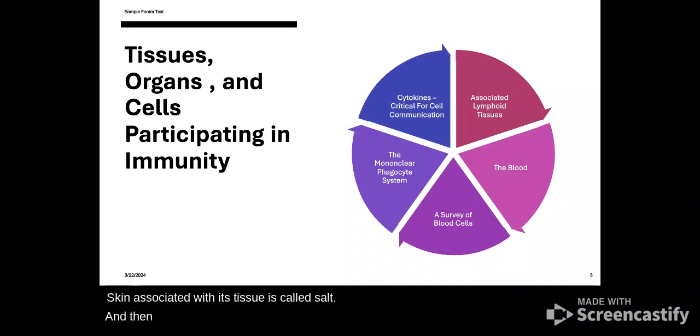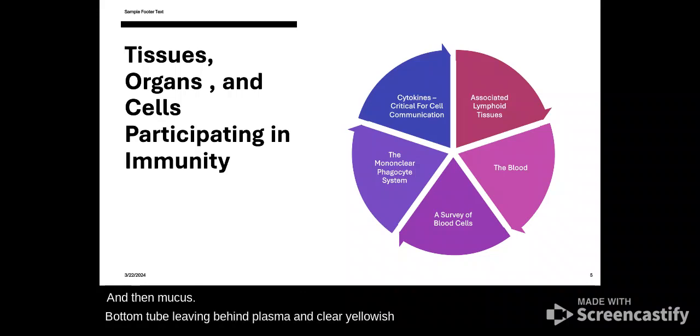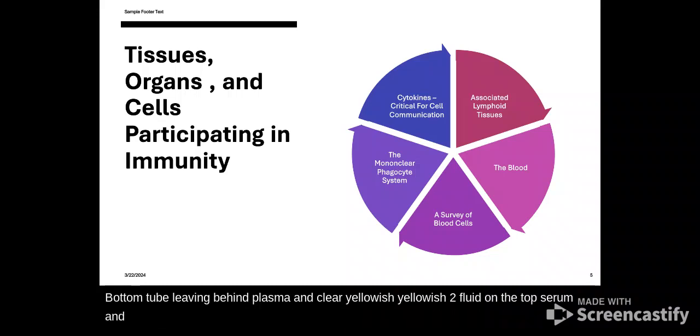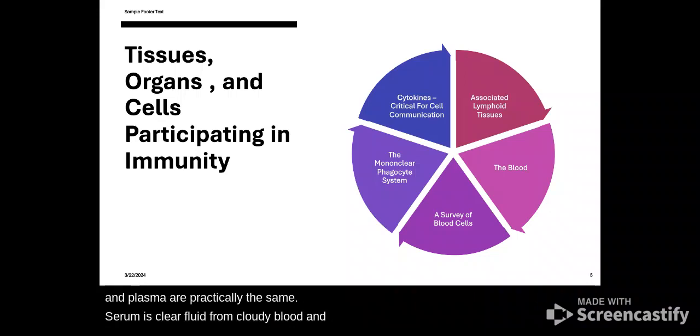Blood cells settle to the bottom of the tube, leaving behind plasma and a clear yellowish fluid on the top. Serum and plasma are practically the same. Serum is the clear fluid from clotted blood, and serum is often used in immune testing and therapy.